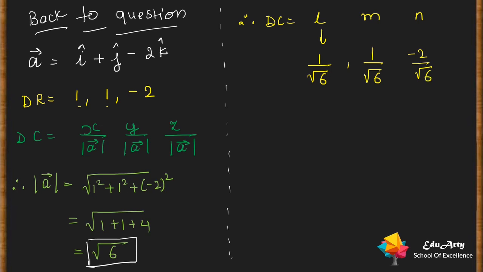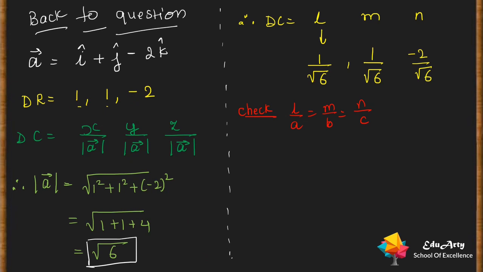Correct? Now check, okay, we can check it by yourself. हमको check क्या करना है? Check करो that whether L by A is equal to M by B is equal to N by C. A B C हमको पता है ना क्या है? L is this and A B C is this. Correct? See, this is L M N and A B C. So we will just substitute the values here and you will see. Okay, क्या आता है देखो.